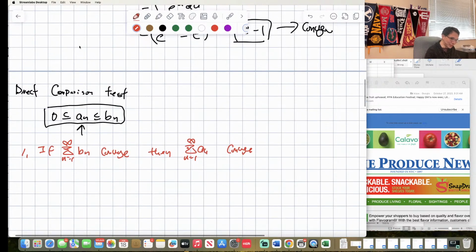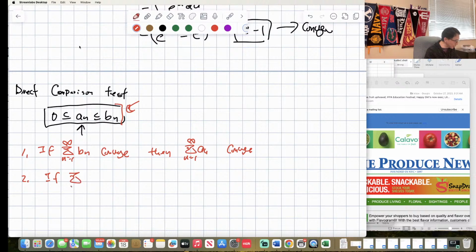Okay, so the second situation is this. Remember, this is the first condition: it has to be Bn and An, and An is less than Bn, and it has to be that way. If that's true, then the first statement will be true. Now, this one's actually interesting. It's kind of confusing.